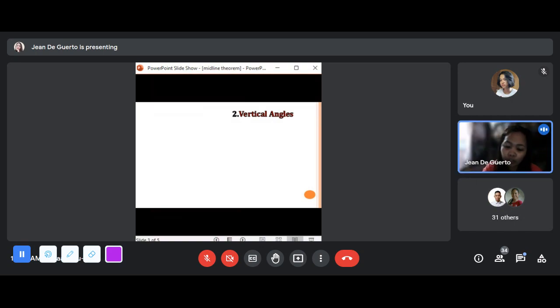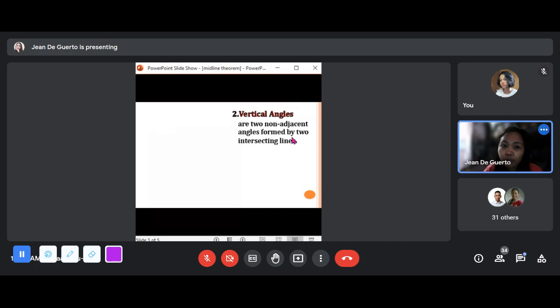Yes, very good. So vertical angles are actually a kind of angle pair. Kasi when you have intersecting lines, you actually have two kinds of angle pairs. You can have a linear pair or the vertical angles. And if the intersecting lines are actually perpendicular lines, right angles naman ang mafo-form.